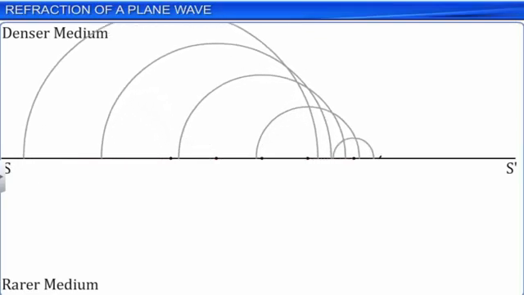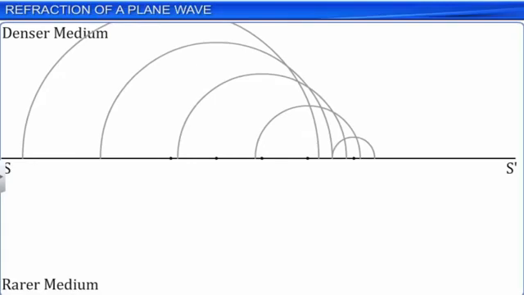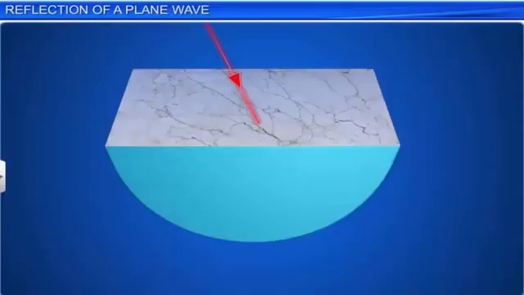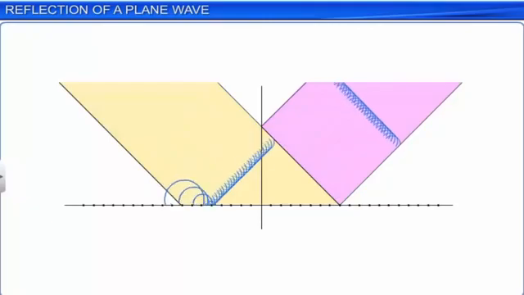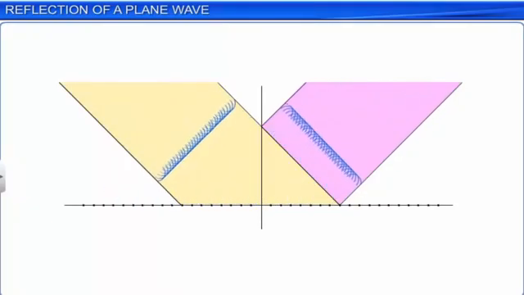As such, the laws of refraction are consistent with the wave nature of light. In ray optics, you have already studied about the laws of reflection. Now, we shall study them again, but with wave theory as the basis.